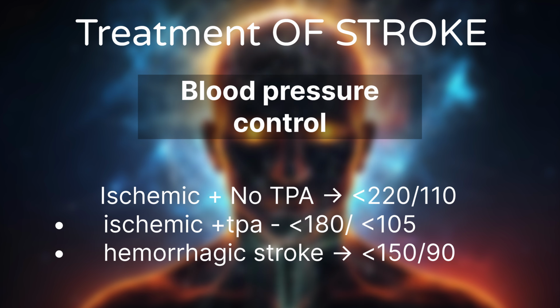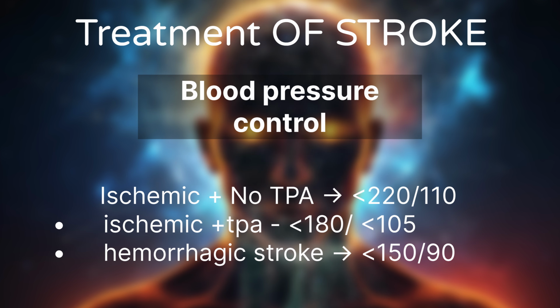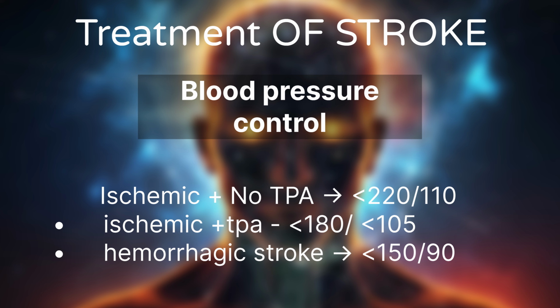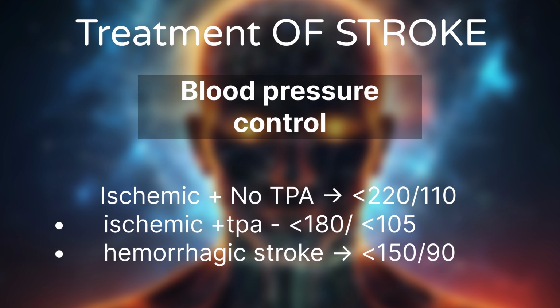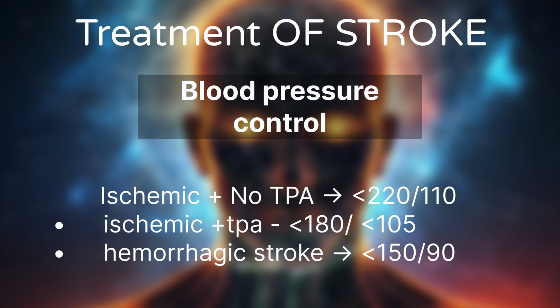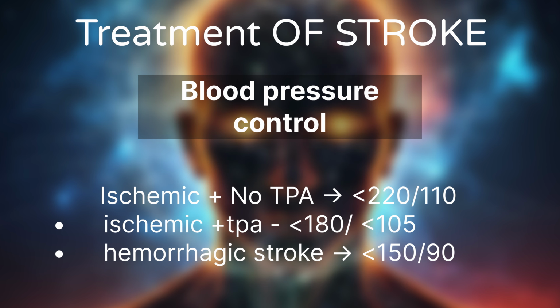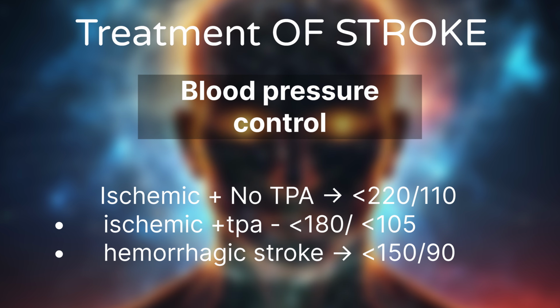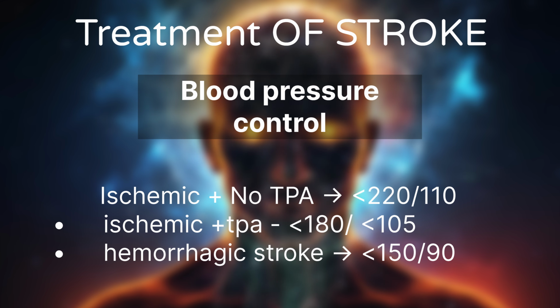If the patient has ischemic stroke and no TPA was given, usually blood pressure is kept below 220/110. If the patient is given TPA, you have to lower the blood pressure to less than 180/105 to decrease the risk of conversion of ischemic stroke to hemorrhagic stroke, which can occur with TPA.